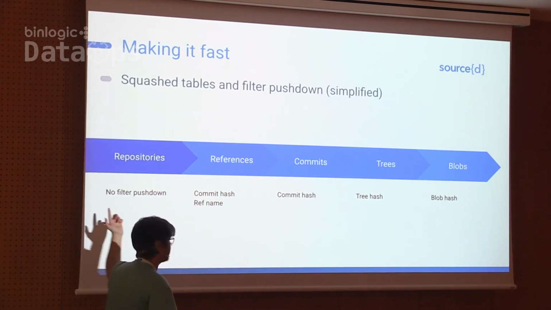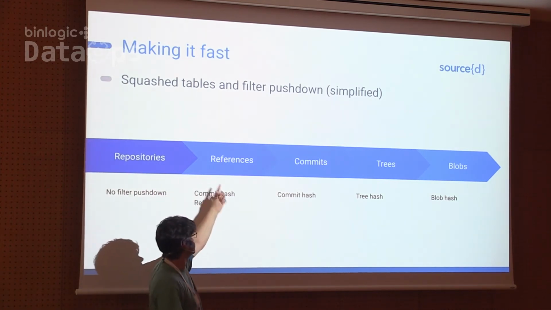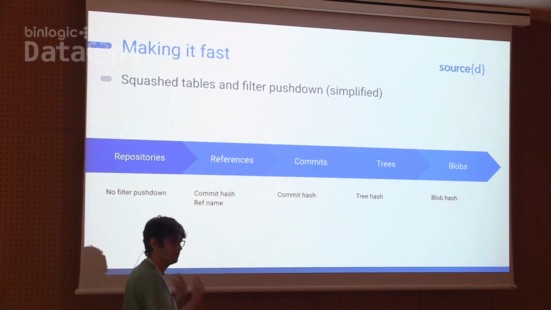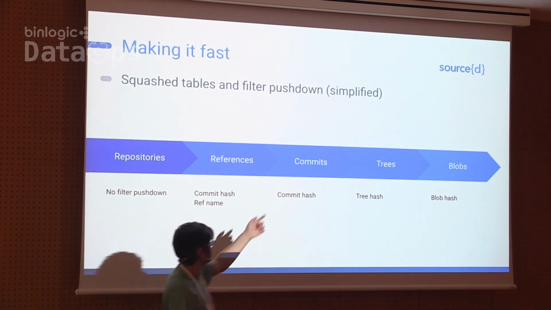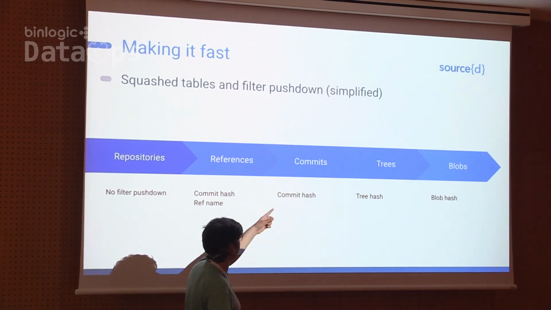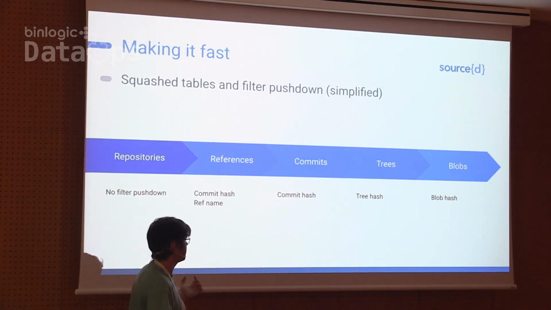So if we filter something in repositories, the next iterator can just skip the repositories that don't match the filter. The same thing with commits. We don't need to go through all the commits. We can go only through the commits that belong to the references that we have filtered, and so on.